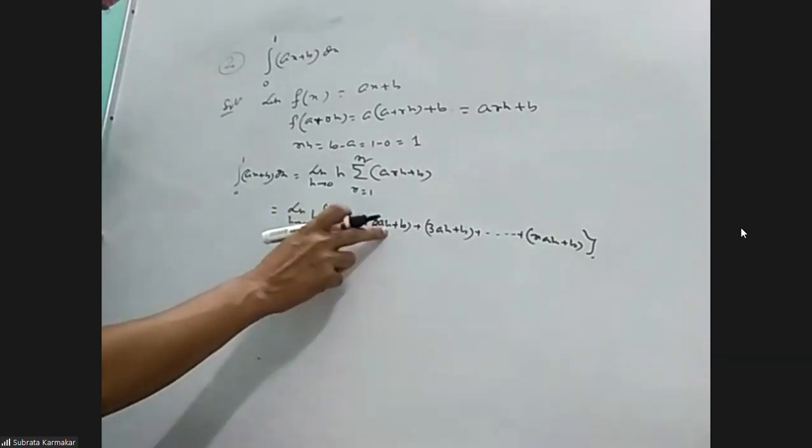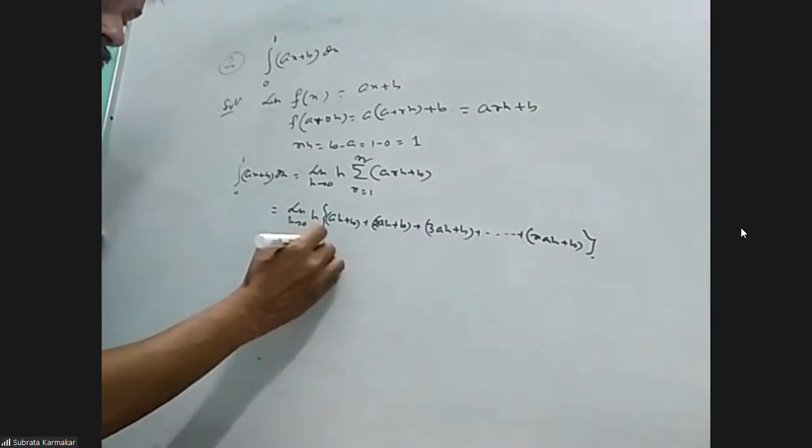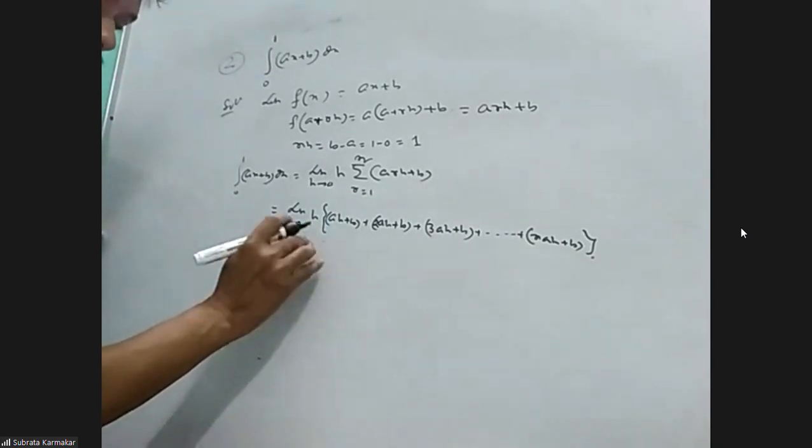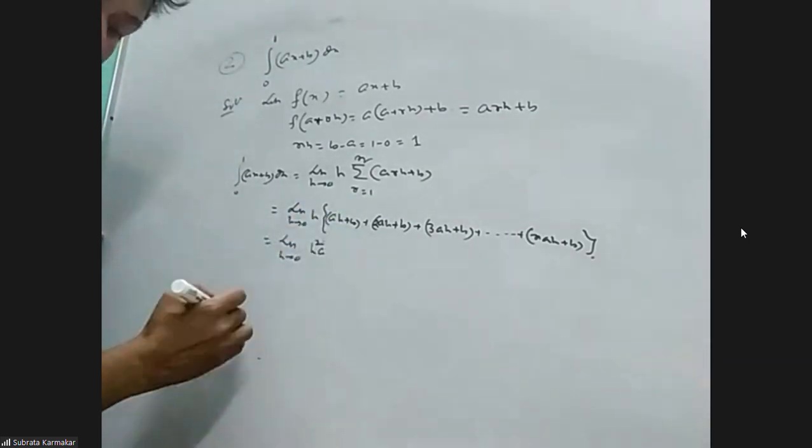From ah, 2ah, 3ah, if you take out h, I am writing separately so you will understand. It will be h square into a, if you multiply by h.